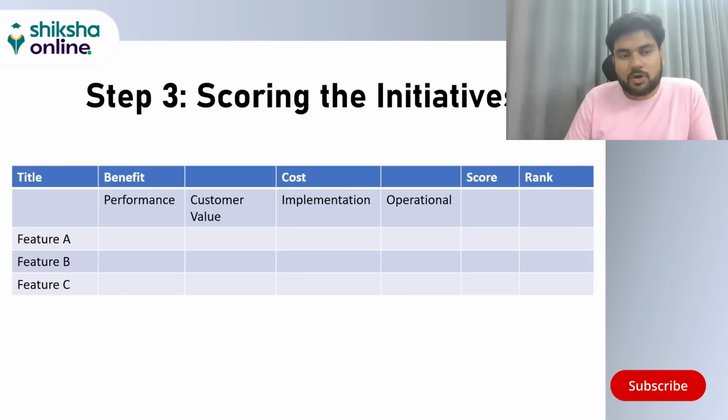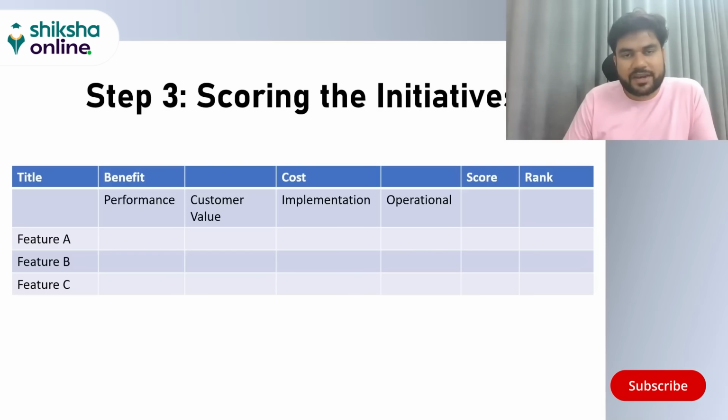So that can also be taken up, and then these parameters are scored based on the weighted average method, as in based on your discussion with the team, each of these benefits and costs would be assigned a particular weight, and based on which their scoring will be done, and you can reach the ranking system.